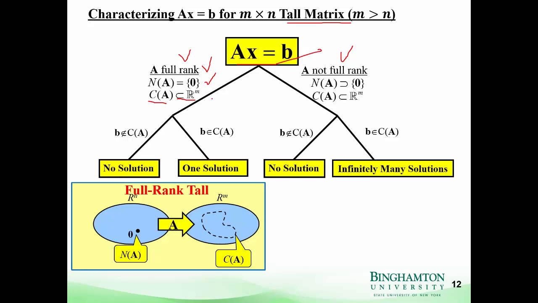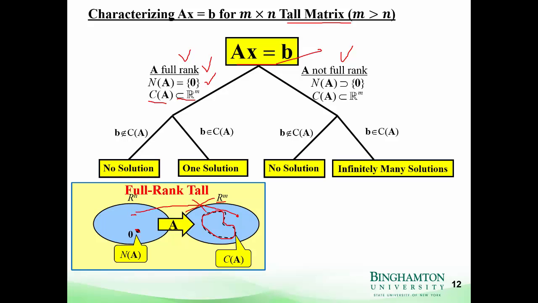And yeah, let's look at the picture. So here's our null space, just this. So we know that if we have a solution, it will be unique. But our column space sits over here. It's inside, strictly inside R sub m. That's our column space. And so what if our B was out here? Then there is no vector over here that will map to that.